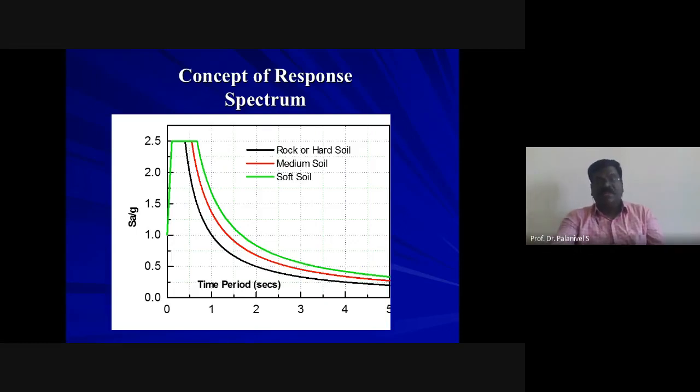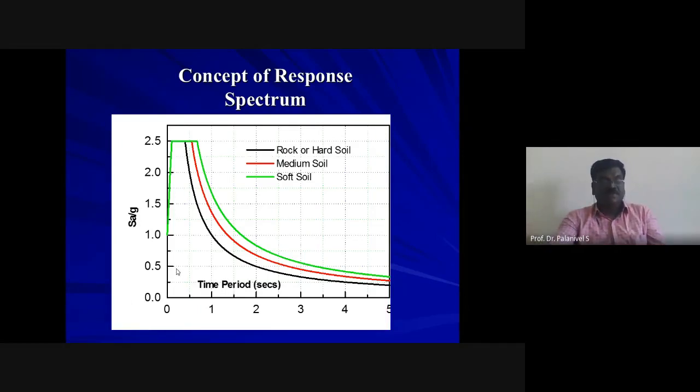But keep it in mind, tall buildings are not vulnerable to earthquake. Why? Their time period is very high, say some 3 seconds. Resting on medium or rocky soil, they attract only less severe force. The Sa/g value comes very low, so they are subjected to smaller design lateral loads.